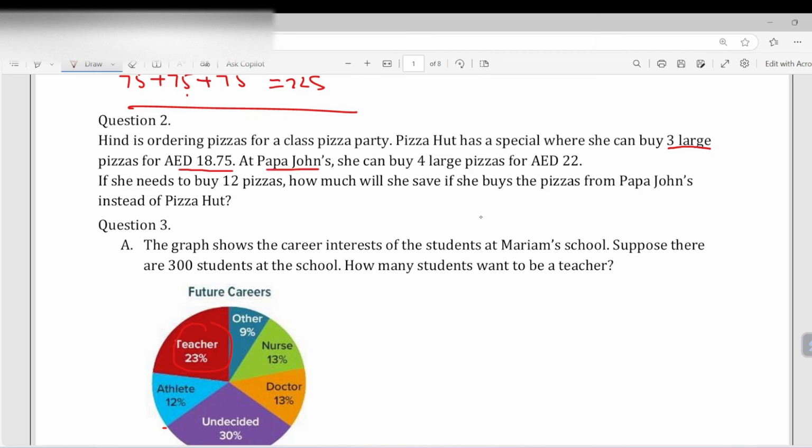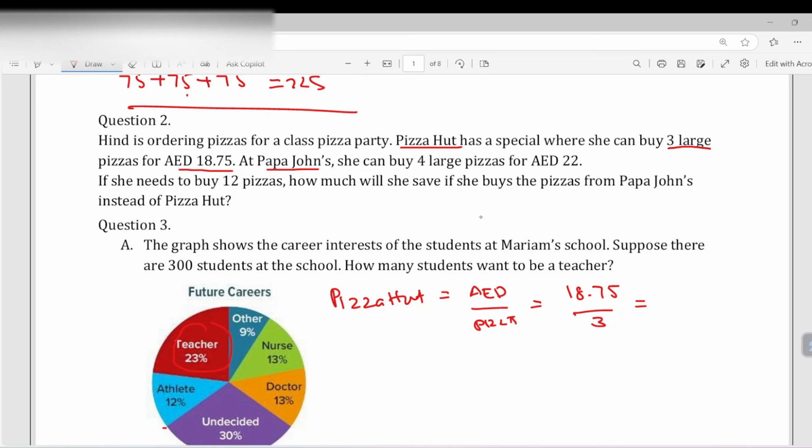So for Pizza Hut, how much money she has to pay divided by pizza count: money 18.75, how many pizzas? 3 pizzas.